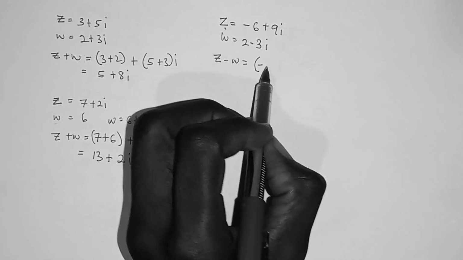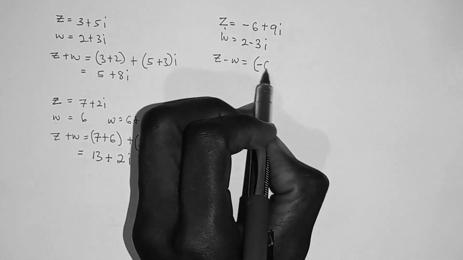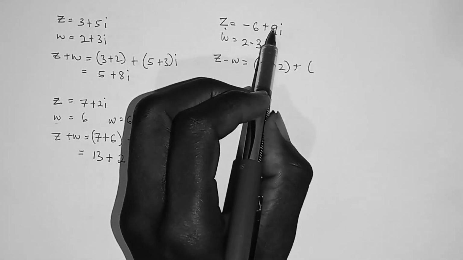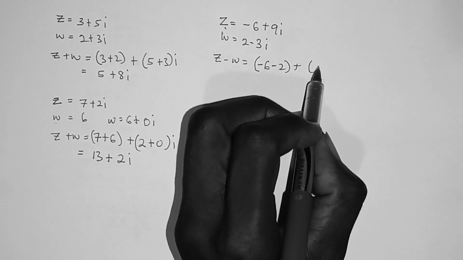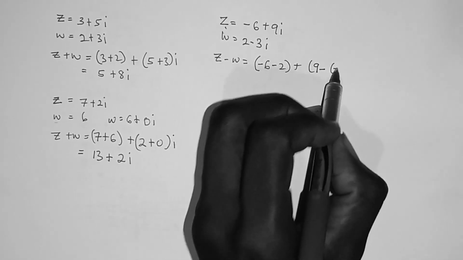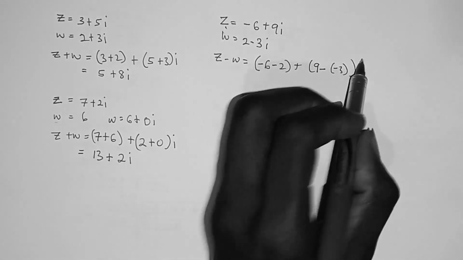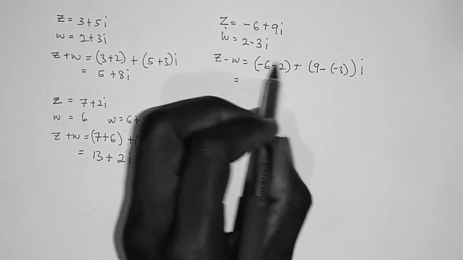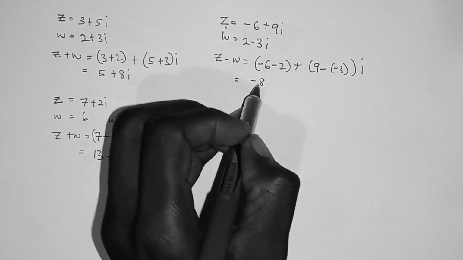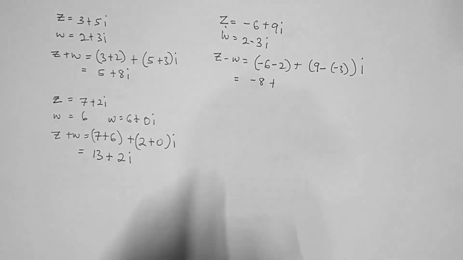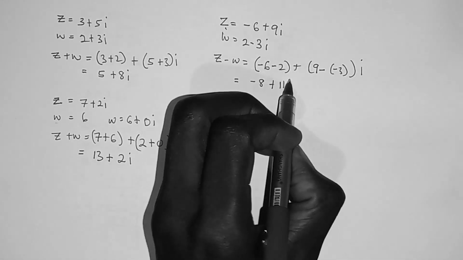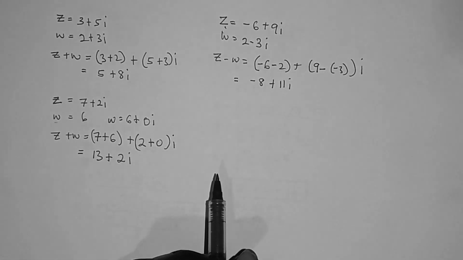So you subtract the real part: minus 6 minus 2, then plus, you subtract the imaginary part, which is 9 minus 3i. So this is equal to minus 6 minus 2 is minus 8, and then plus 9 minus 3 is 11, so this is 11i. So z minus w is minus 8 plus 11i.